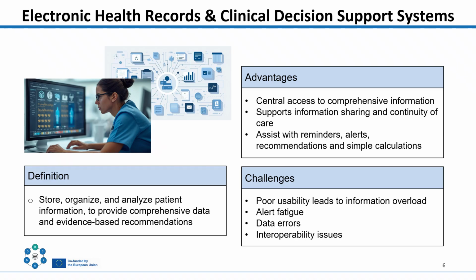In their role as central data tools, they offer central access to comprehensive patient information, helping clinicians see the full picture of care. By supporting information sharing and continuity of care, they connect healthcare professionals across teams and settings. They also assist with reminders, alerts, recommendations, and simple calculations, improving accuracy and efficiency in clinical decision-making.